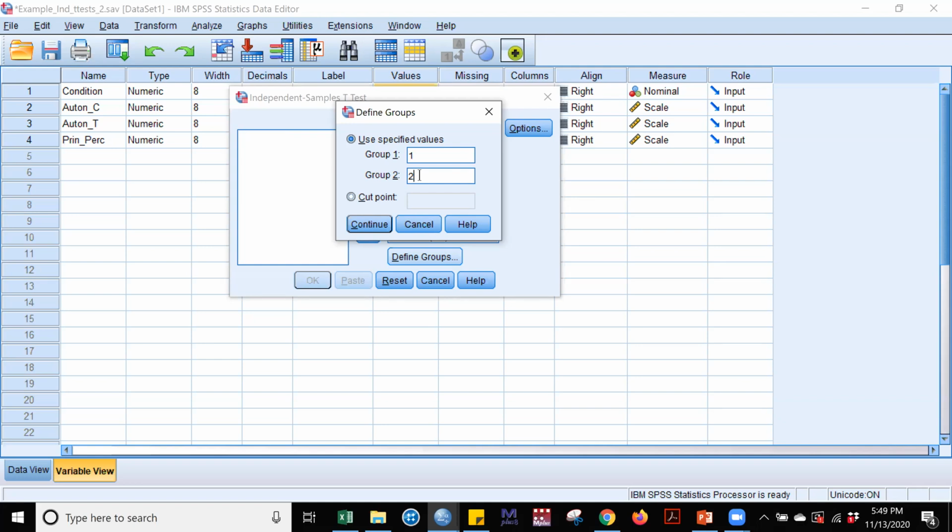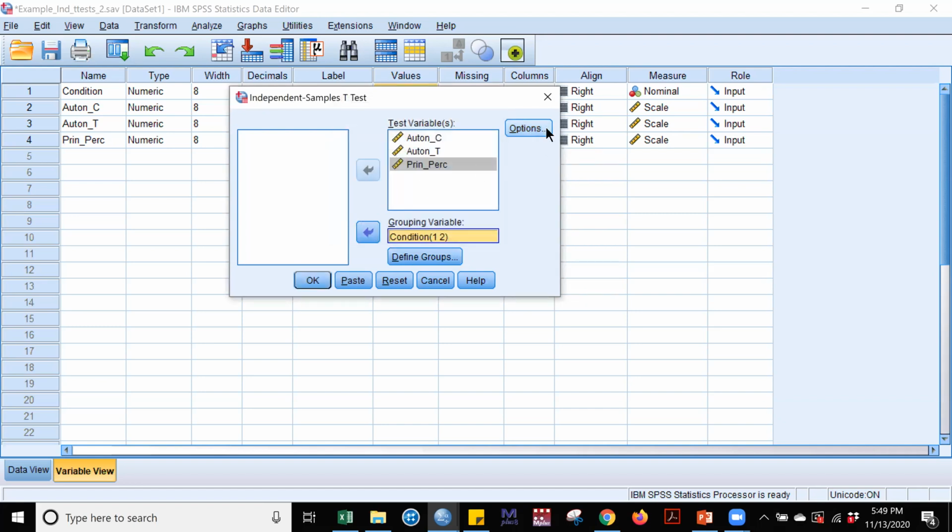Because my hypothesis is of better scores for the PSI group, I want the PSI group to come first, so that if it has larger scores, the result will be positive, because my alternative is that mu1 minus mu2 is greater than 0.